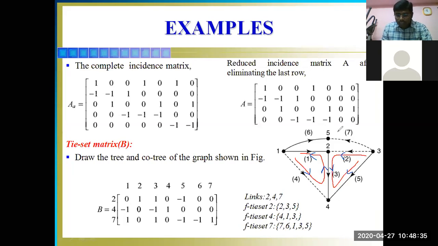Suppose, see, from 7, carefully. I will draw with another color for this one, green color. From 7, 6, and 1, you move like this.